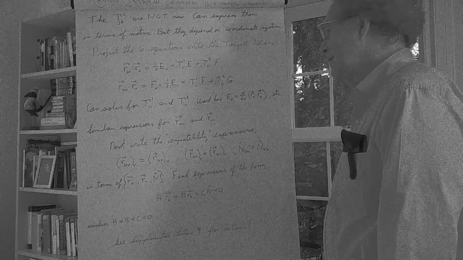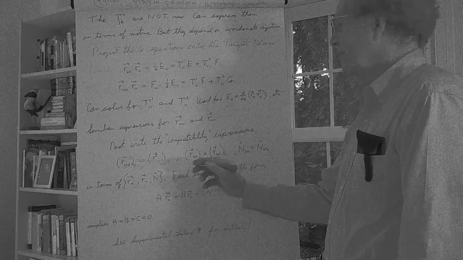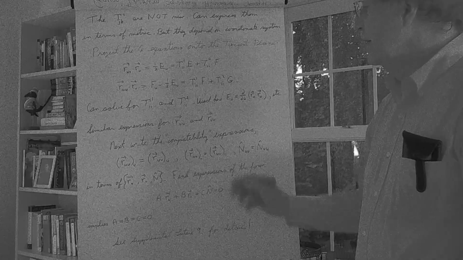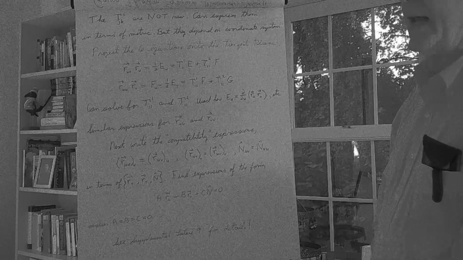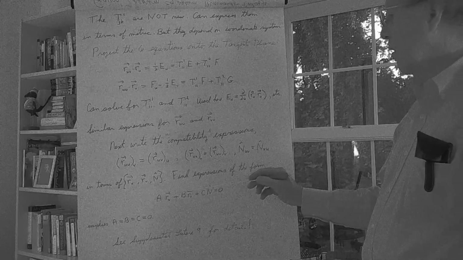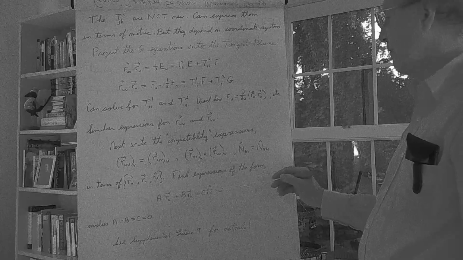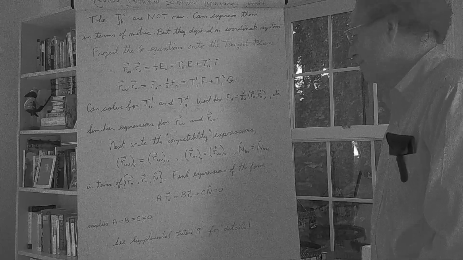It's a little bit lengthy. It involves the Christoffel symbols and everything like that I've written for these guys. I write it in terms of my basis at that point, the tangent plane and the normal plane, and I find expressions of the form coefficient times r sub u plus coefficient times r sub v plus coefficient times n hat is equal to 0.